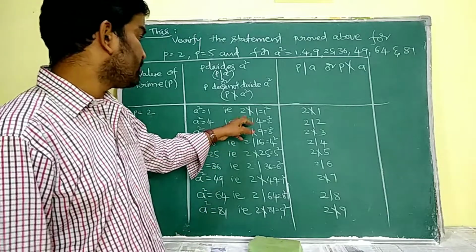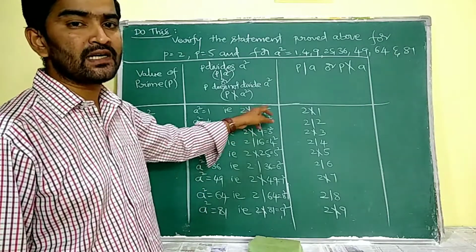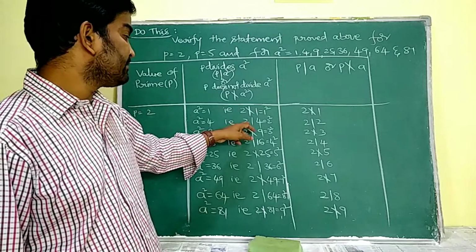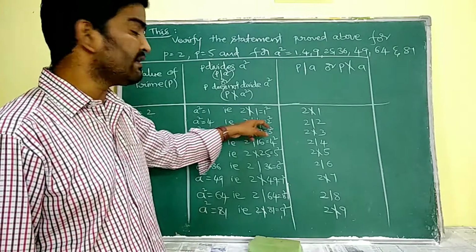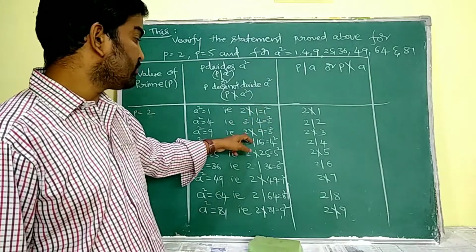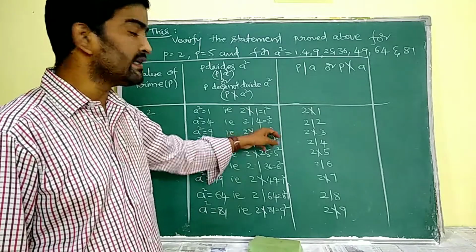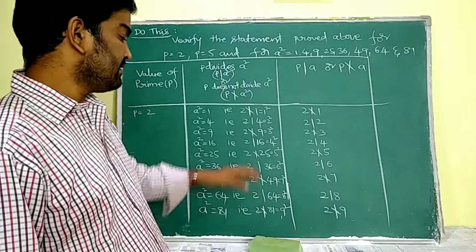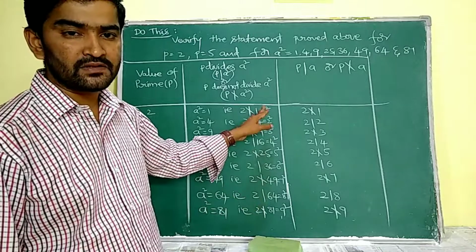So 2 does not divide 1 means 2 does not divide 1 square. 2 divides 4 means 2 divides 2 square. 2 does not divide 9 means 2 does not divide 3 square. This is the internal meaning of this.